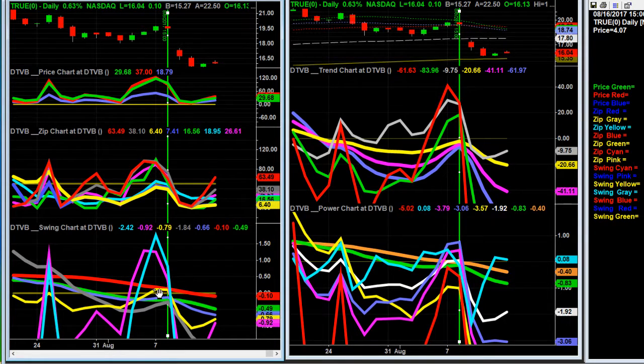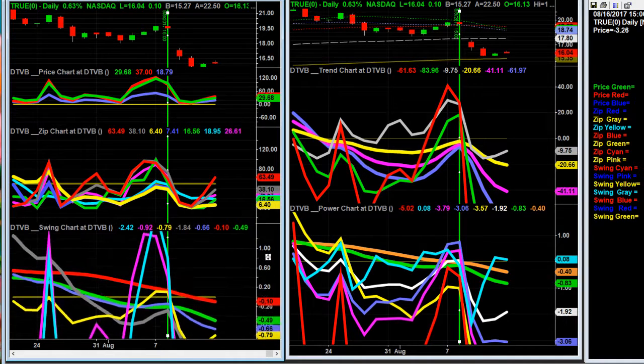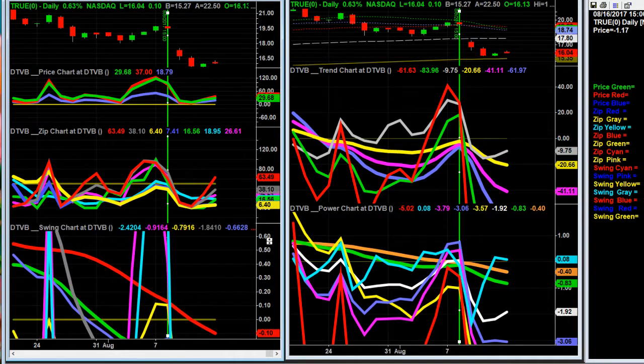Swing yellow is flat on a peak, parallel with swing red. And the fact that swing yellow is on a peak and real low tells us that it's going to go down strongly. But when it's tied in and parallel with a strong, heavy line like swing red or swing green, then it's even stronger in its reaction.